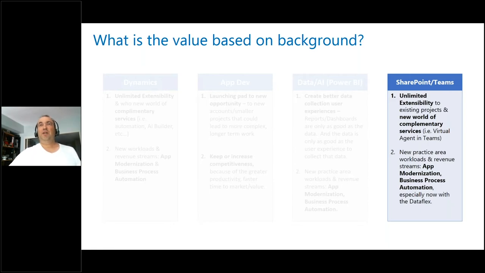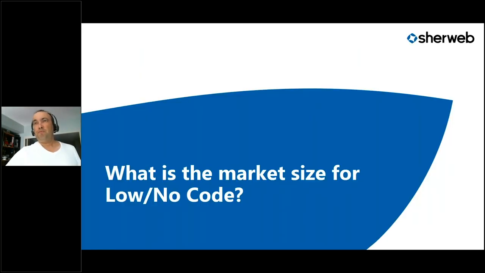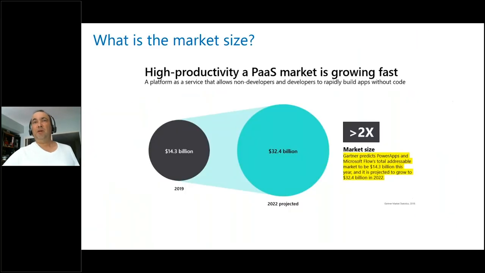So I hope that gives you an idea, based on the background that you're coming from as a services organization, where the opportunity is for you, just to scratch the surface. So in terms of what the market size is for platform as a service and Power Platform specifically, it's actually pretty significant.